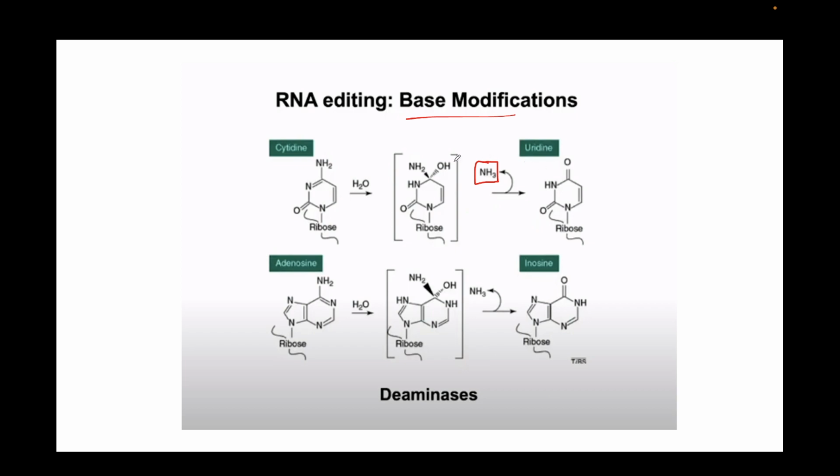The NH3 group is removed, where cytidine will produce uridine and adenosine will produce inosine. Deaminases are the enzymes required for this, and base modification is also a process of RNA editing, where bases are modified so the nature of the gene can be changed.